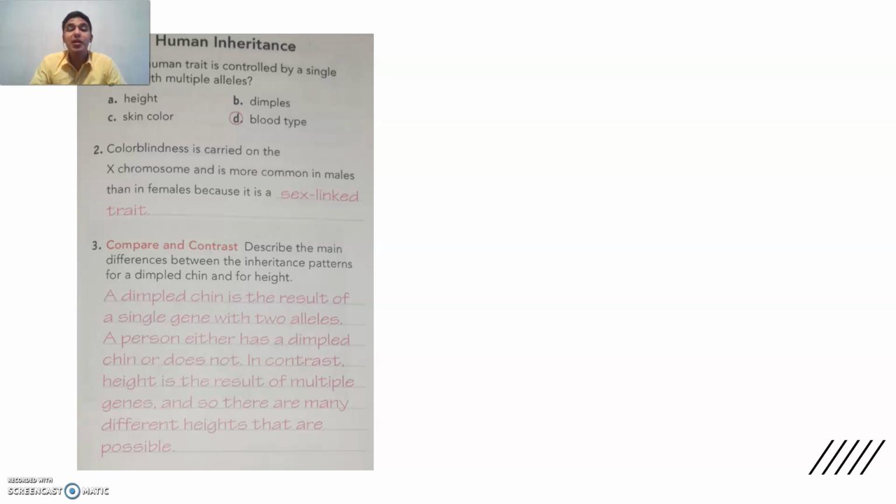Number 2, color blindness is carried on the X chromosome and is more common in males than in females because it is a sex-linked trait. Remembering the structure of the chromosomes, the X chromosome is going to have way more information than the Y chromosome because it is larger.